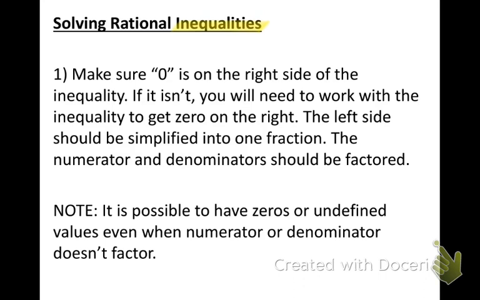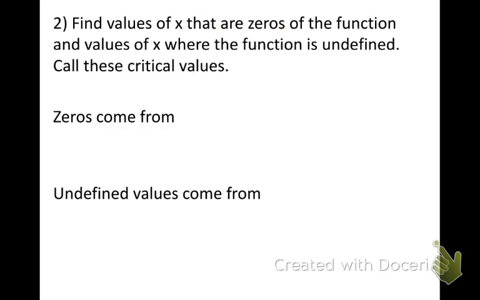Okay. So once we've got that 0 on the right-hand side of the inequality and we have that left-hand side as a single fraction and factored, step 2 is to find the values of x that are zeros of the function and values of x where the function is undefined. Remember, I mentioned before that these are called the critical values. Remember that zeros come from the x values that make the numerator equal to 0.